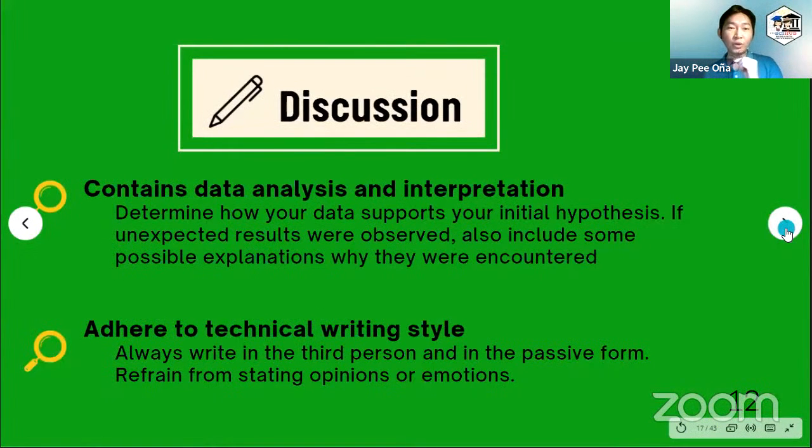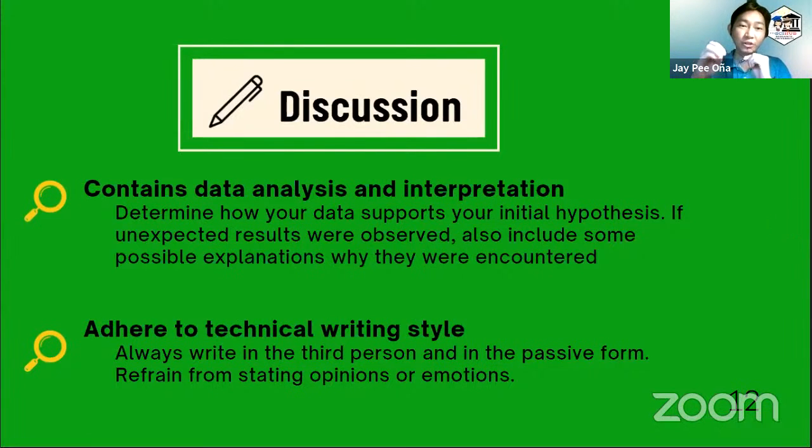Okay? So the next part is the discussion, which contains your interpretation of the data and analysis. This one contains the data and also determines how the data supports the initial hypothesis. So parang dito natin sasagutin kung yung data natin ay nag-agree dun sa hypothesis na sinet out natin sa simula.